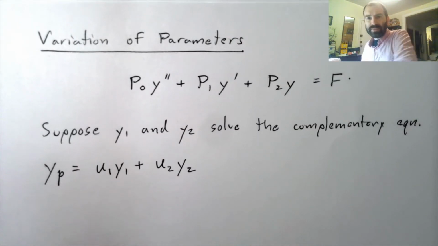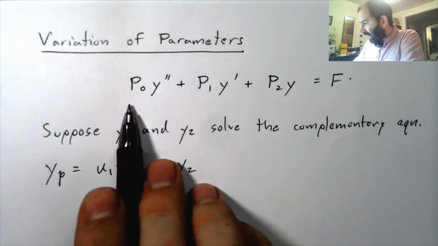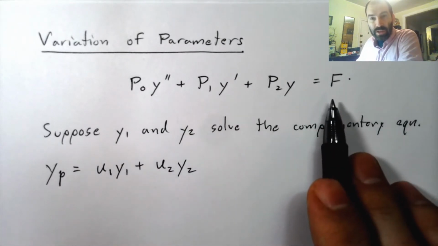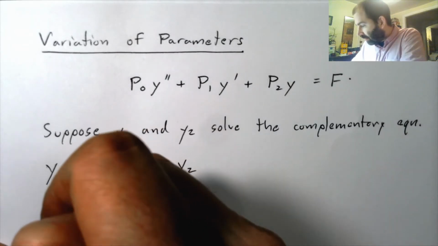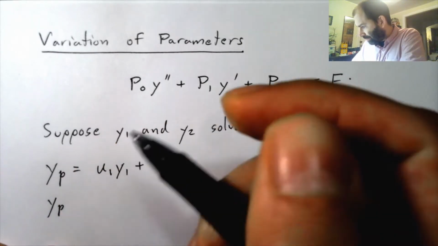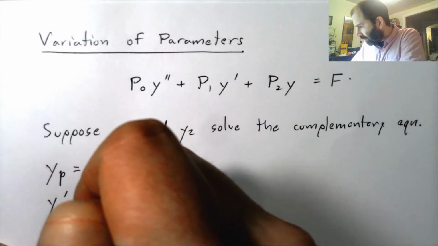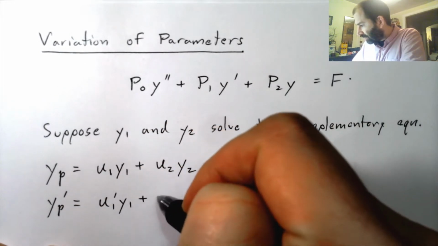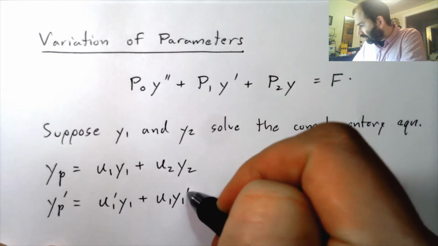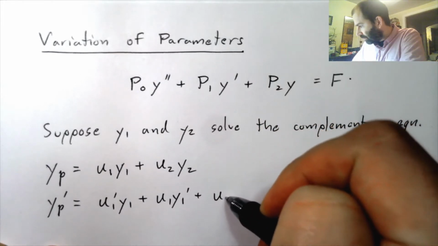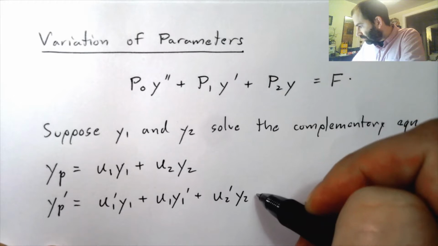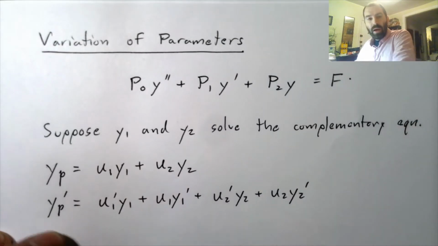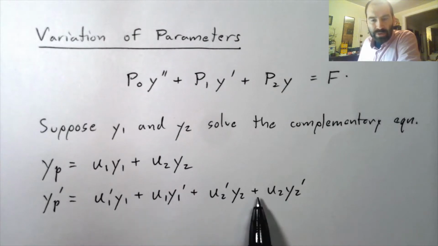So if I do this, I want to be able to check to see if it satisfies the differential equation. So what I'm going to do is take some derivatives and check what happens when I plug it in. So I'll take some derivatives of y, the particular solution. Okay, I've taken the derivative. That's fine.